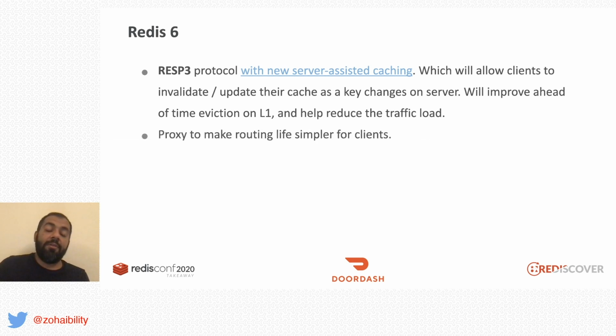The other important progress I think that this thing is making is around the proxy. Redis 6 is going to come with a proxy that's going to take care of routing the requests for you. Right now, a lot of clients are loaded with these different variations.